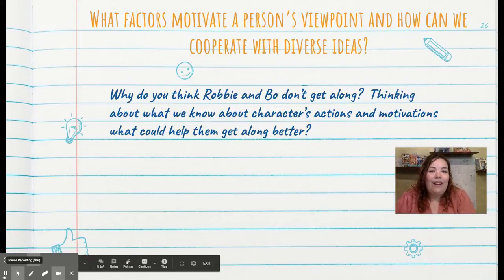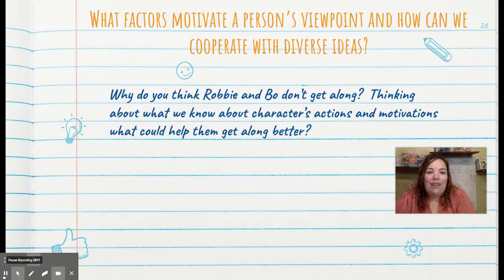So now we are actually going to talk about Robbie and Bo's motivations and actions and what factors motivate their viewpoint, what motivates how they feel, and how could they cooperate? So here's the question. Why do you think that Robbie and Bo don't get along? Thinking about what we know about characters' actions, what they do, and their motivations, why do they do them?